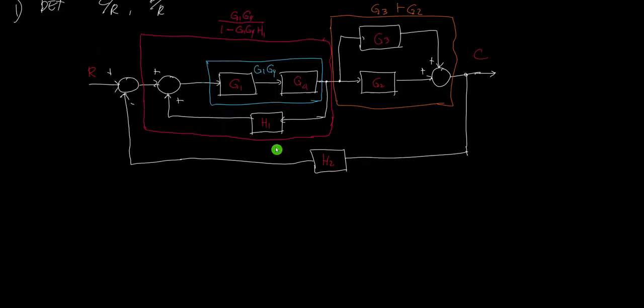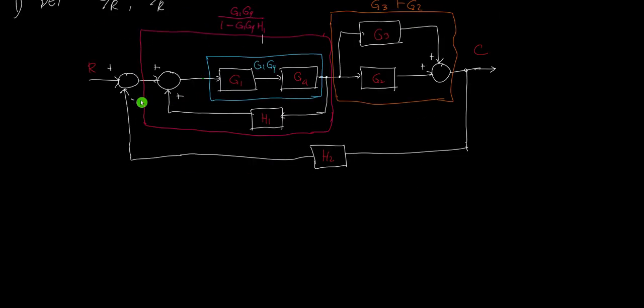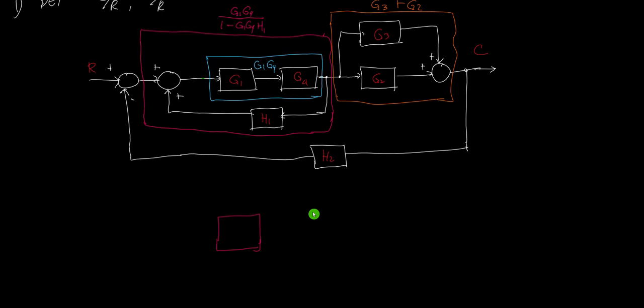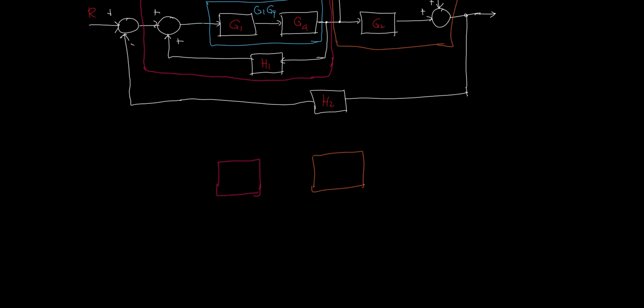If we simplify now, we just have 3 blocks. We reduce this into just 3 blocks: the purple one, then the orange one, and we have our H2 somewhere here.